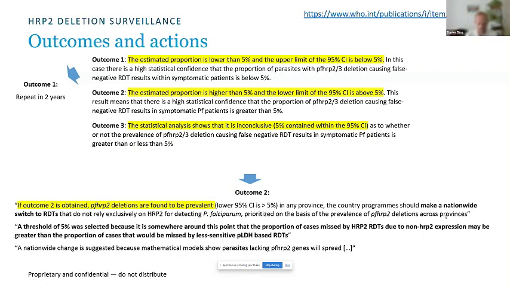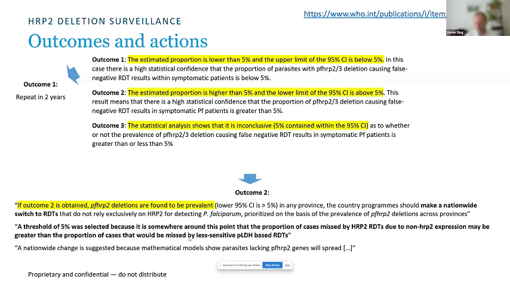The second point is that the 5% threshold was selected because when you're going to start to miss 5% of cases with your HRP2 based RDT, that can be offset by non-HRP2 based RDTs that are less sensitive today.